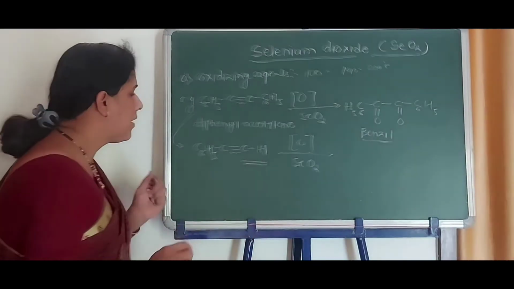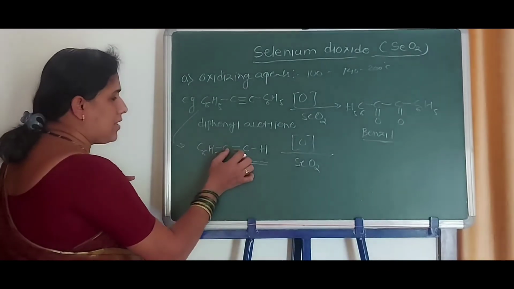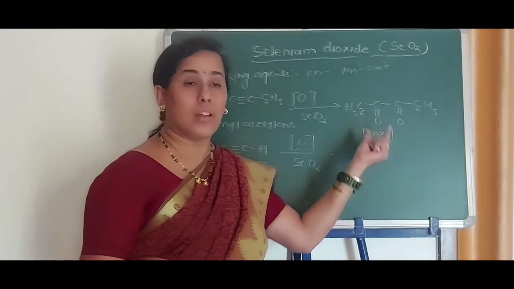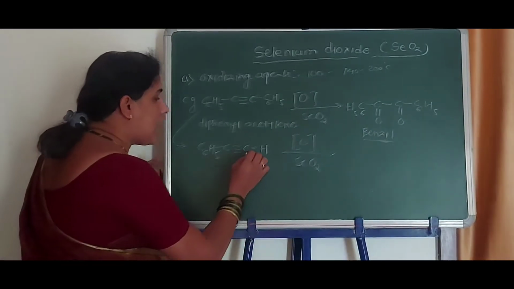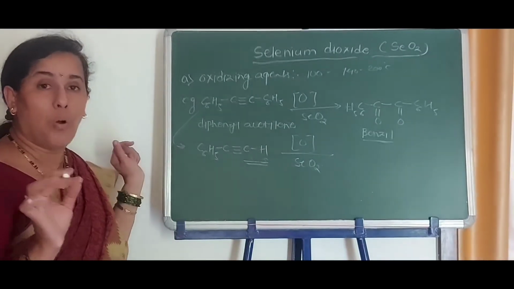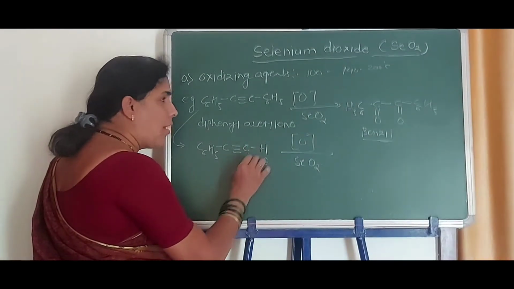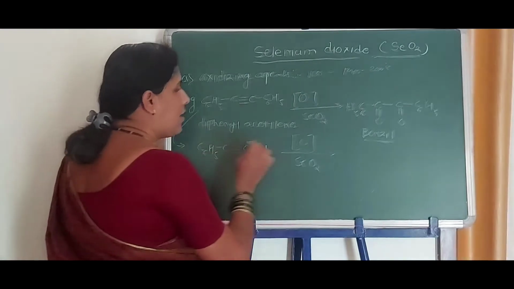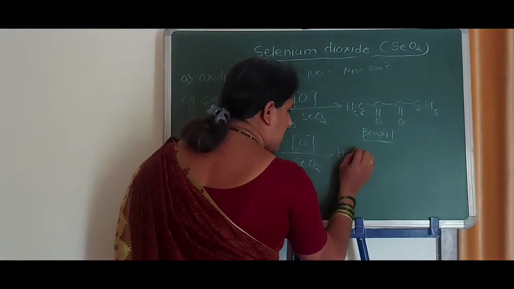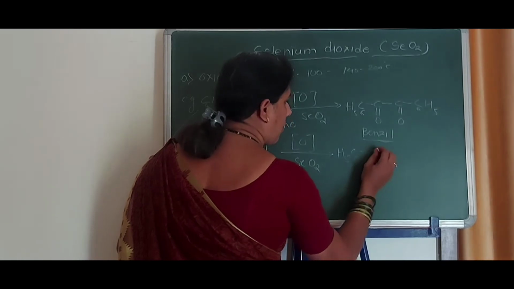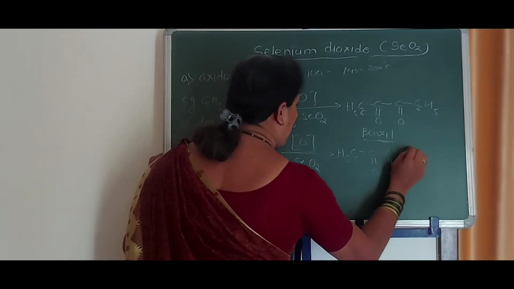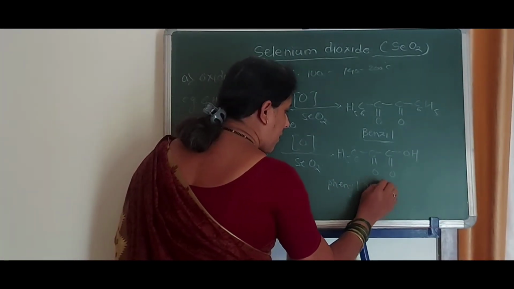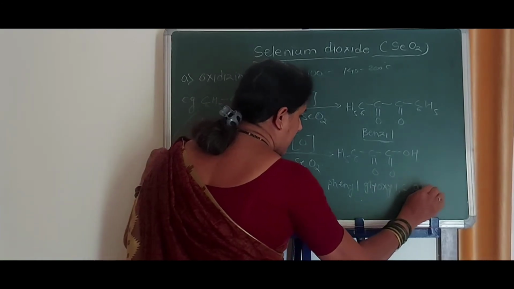Just concentrate on this CH group. Here, instead of a diketone, the CH is replaced by a COOH, and the compound formed is C6H5, C double bond O, and C double bond O with OH, that is phenyl glyoxylic acid.